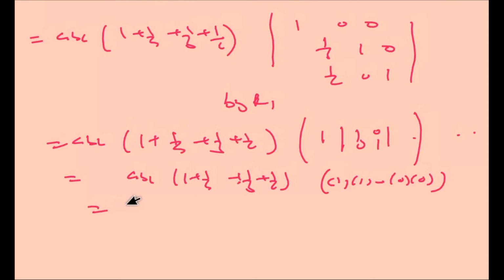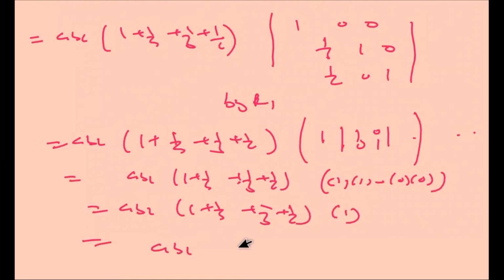So we get abc times (1 plus 1 upon a plus 1 upon b plus 1 upon c) into 1. Now multiplying it out, we get abc plus bc plus ac plus ab. It is equal to the RHS, hence proved.